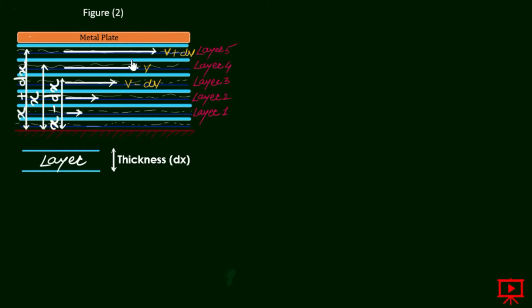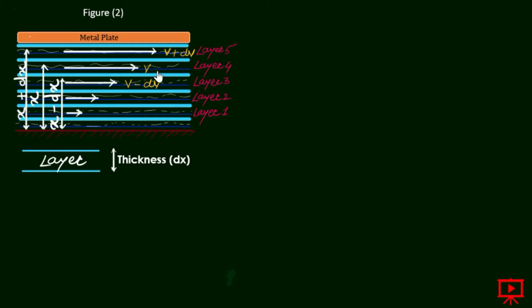Now layer 5 is in contact with the metal plate, and the metal plate is experiencing the force of 1 Newton. Because of that, it will gain velocity dv, and initially each layer has velocity small v, but because of the contact with the metal plate, layer 5 will gain velocity dv from the metal plate, and the final velocity of layer 5 is v plus dv.